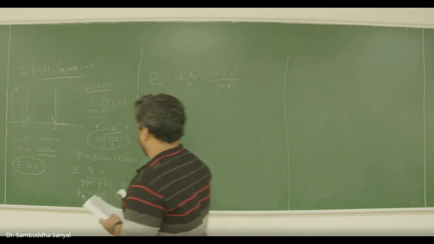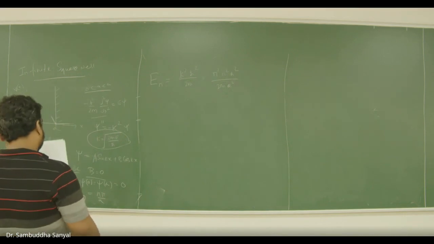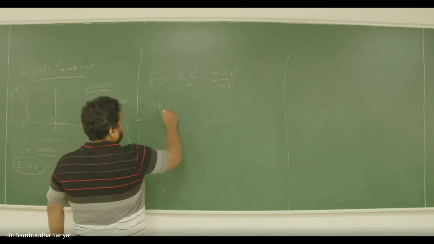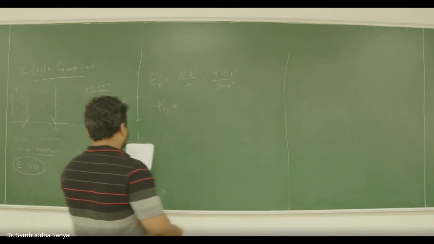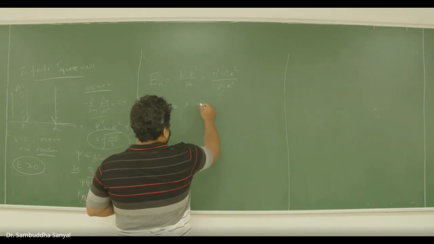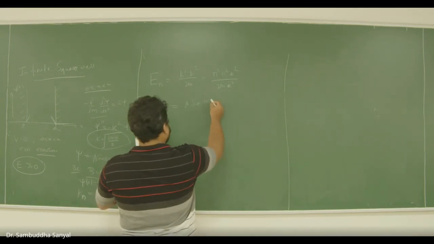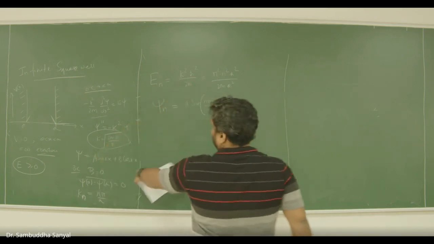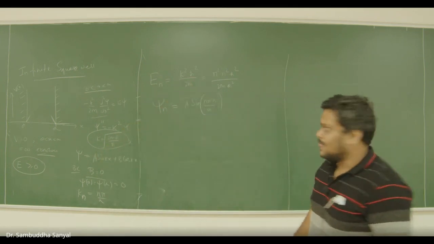Okay, yes, 2m a², and ψ_n(x) is A sin(nπx/a). I just replace the possible k's inside the sine.